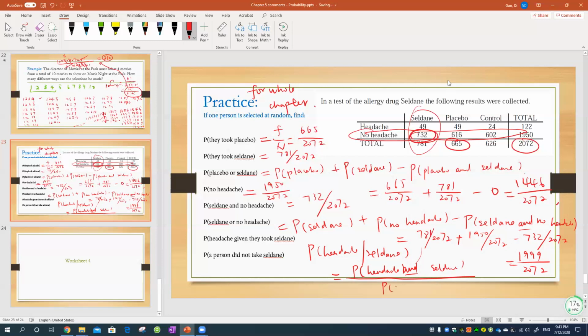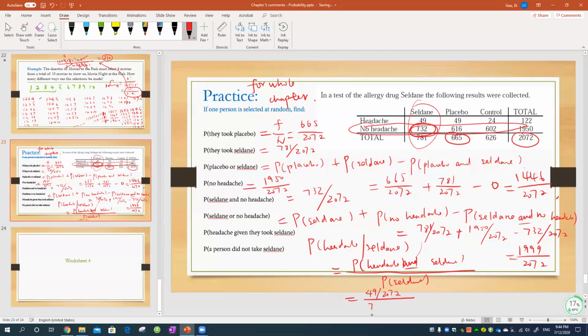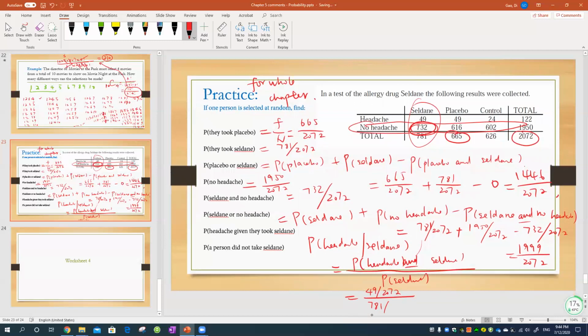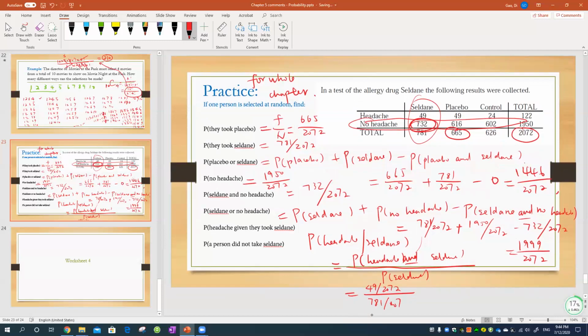So that's the probability of Seldane. So we have headache and Seldane, which is 49 divided by 2072, and divided by the probability of Seldane, which is 781 divided by 2072. So that is 49 divided by 781.